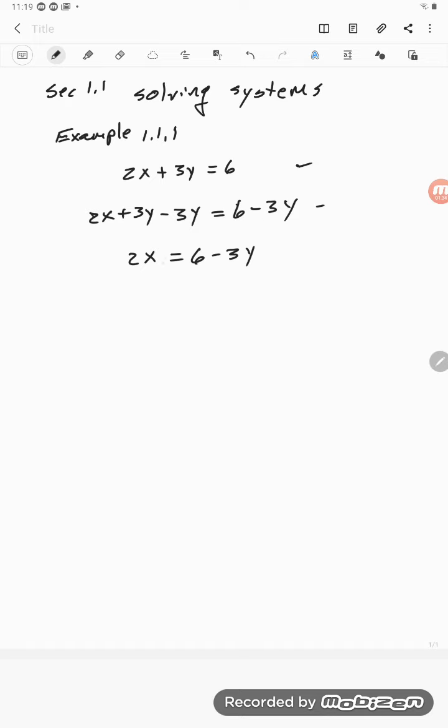And if I divide both sides by 2, by any non-zero constant, I will still get an equivalent equation: 6 minus 3y all divided by 2. So all these four equations are equivalent in that they all have the same set of x and y that solve them. And so I could write this as x equals 3 minus 3 halves y.